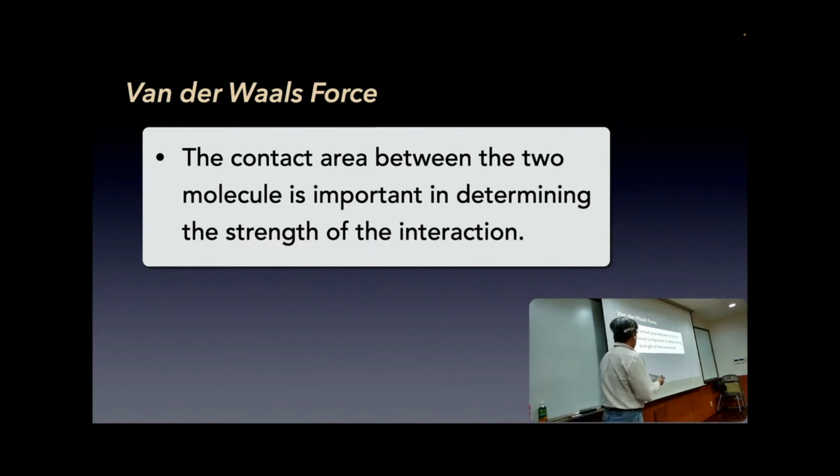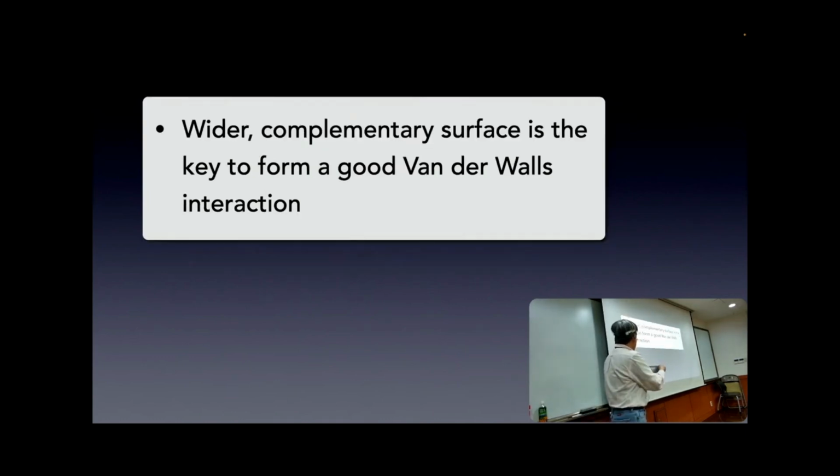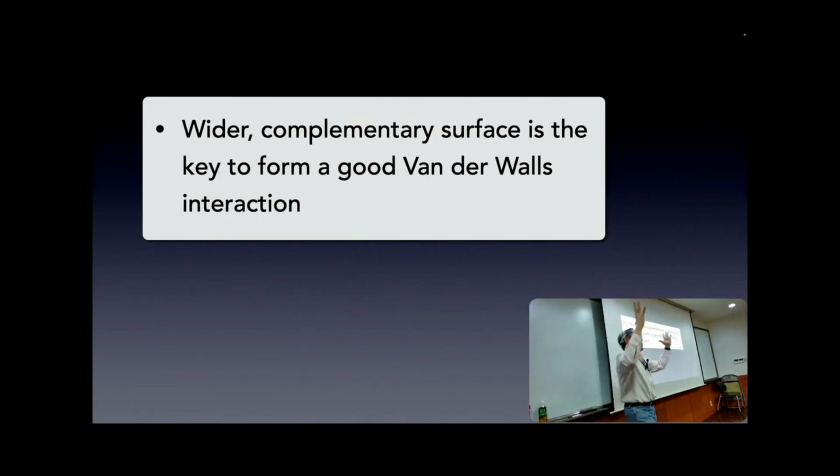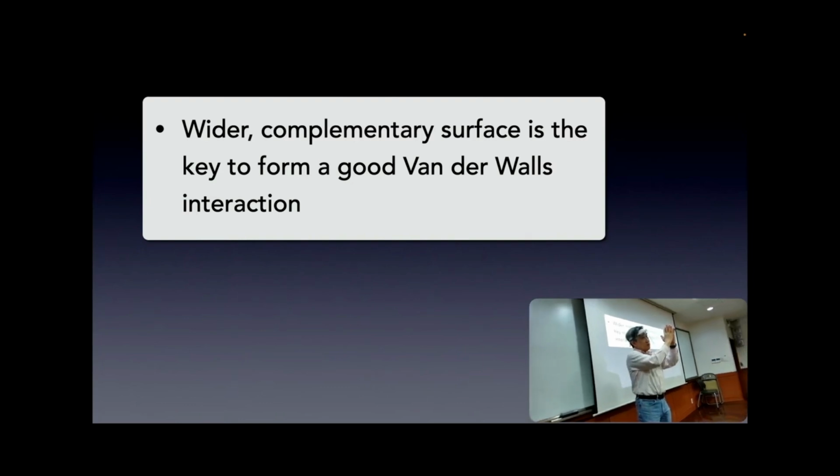So, because of that, between these two parties, let's say these two areas are wider like this, there is a higher chance of having a more stable van der Waals force.